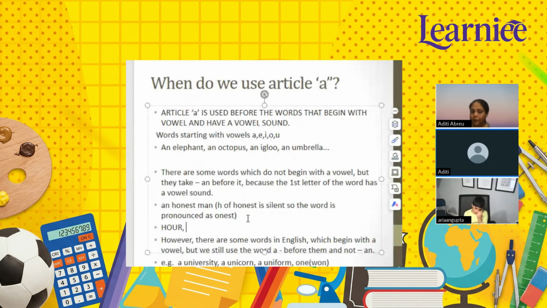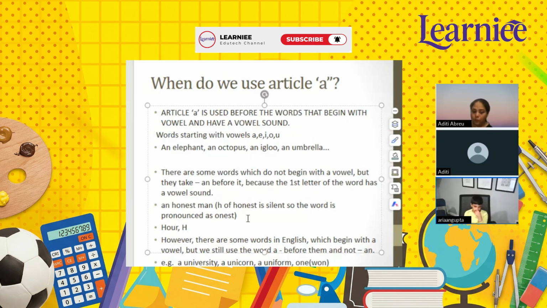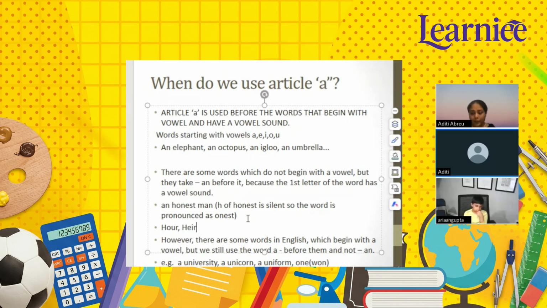Now, what is the reason we are using an before them? Because in all these words, the H is silent. So what is the next letter after H? In honest, it's O. In hour, it's O. And in heir, it's E. So for these words we will not be putting a, but we'll be putting an.